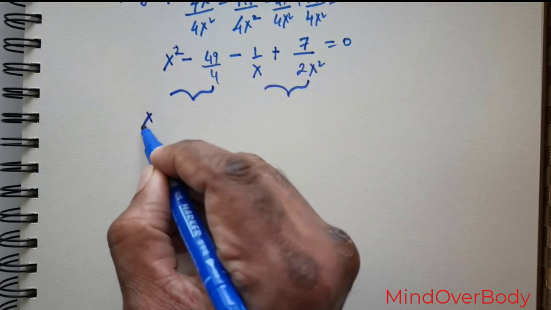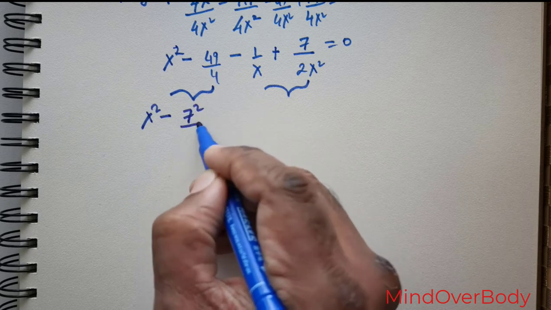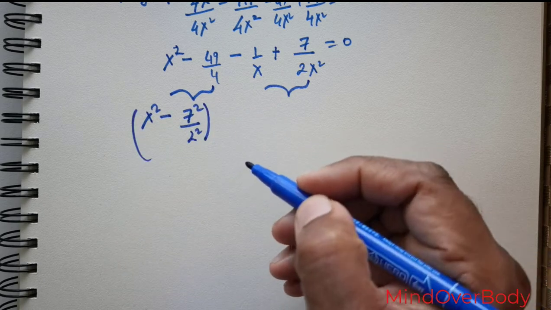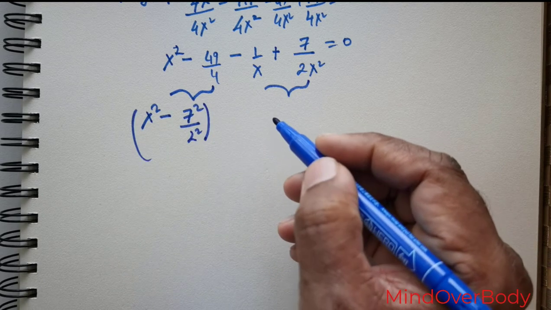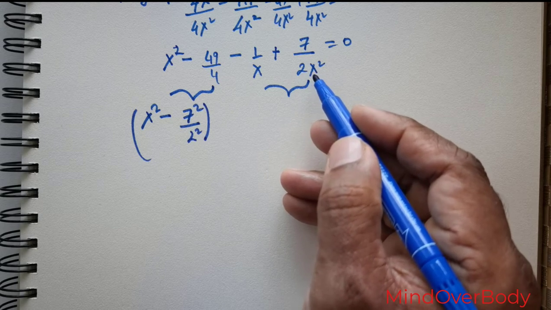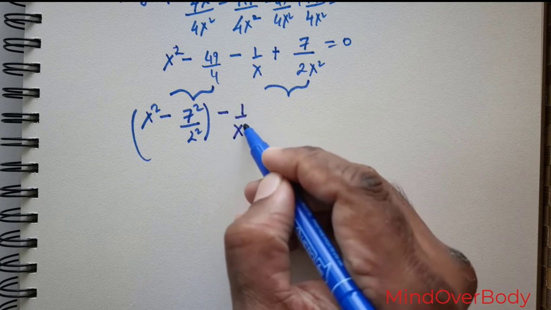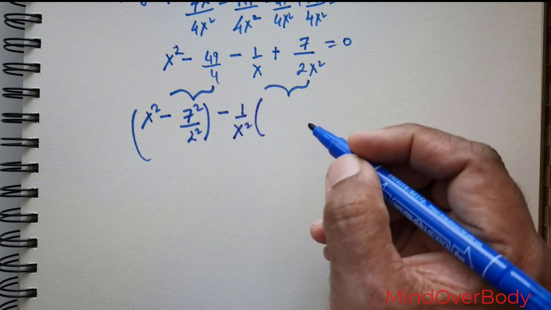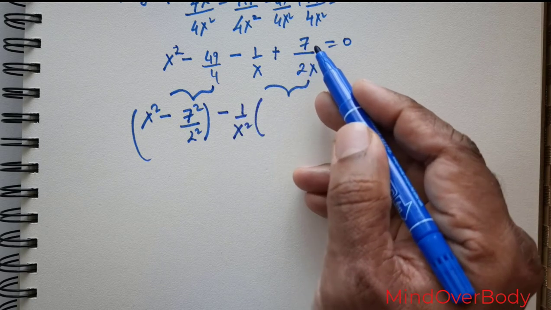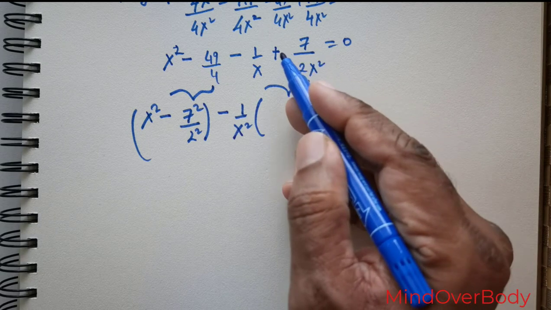So I would like to write this as x^2 - 49/4, where 49 is 7 squared and 4 is 2 squared. Over here, I would like to take -1/x^2 out. For the first term, it is clearly going to be 7/2 with a negative sign.